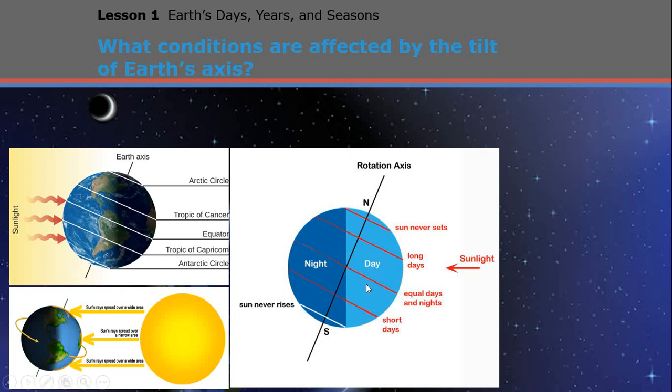You can see that when the sunlight is from this side, you see that the North Pole is tilted towards the sun. When this is happening, that means in the northern part, or the northern hemisphere, of Earth, the days are longer.